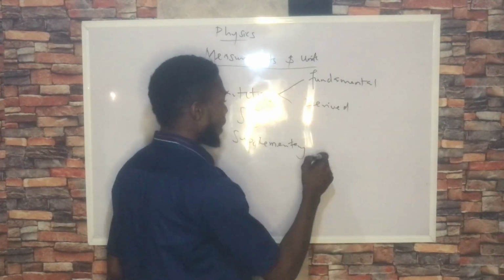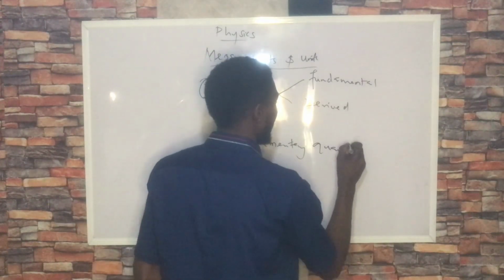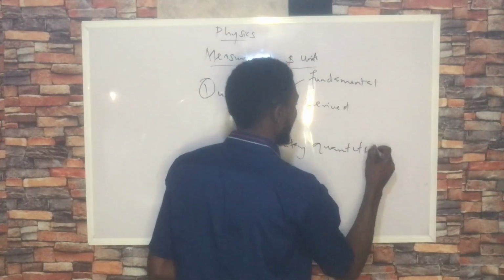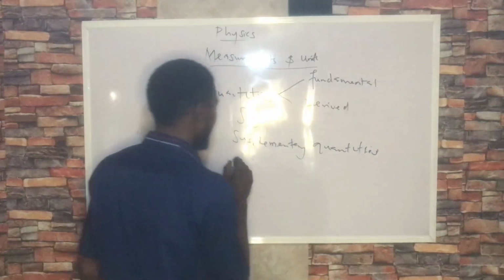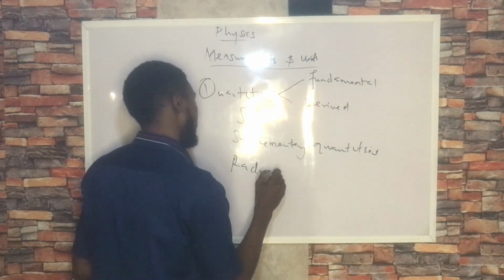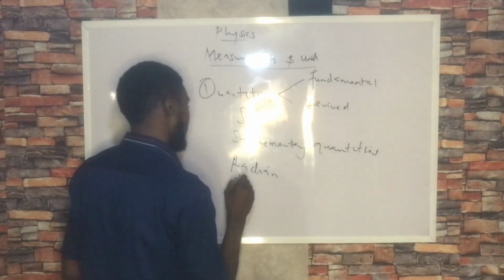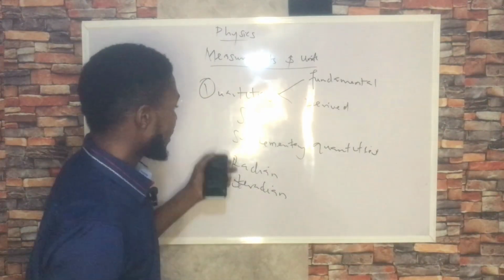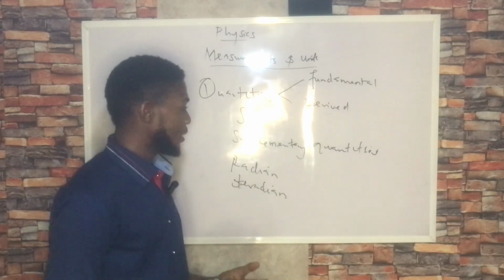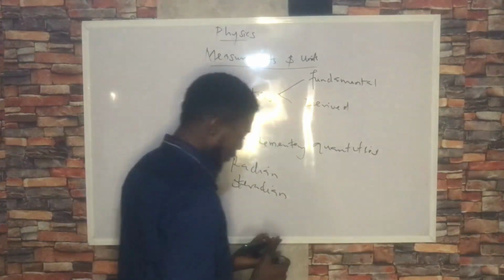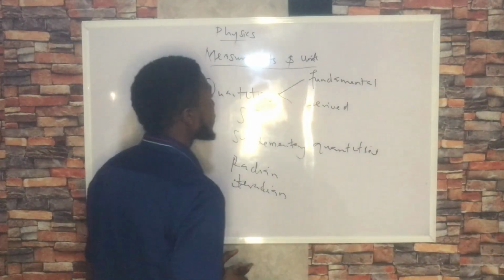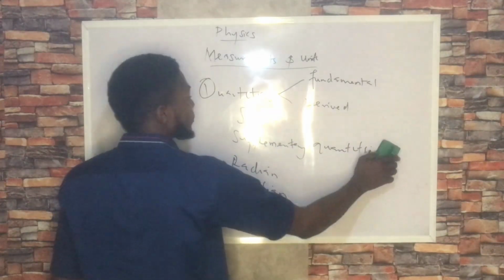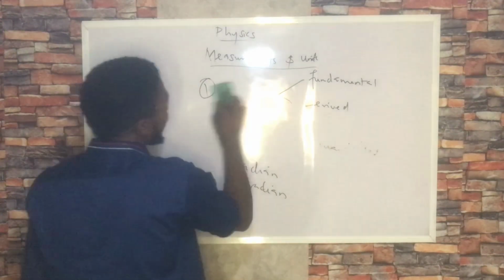The supplementary quantities are radian and steradian. They are just simply for plane angles and solid angles.